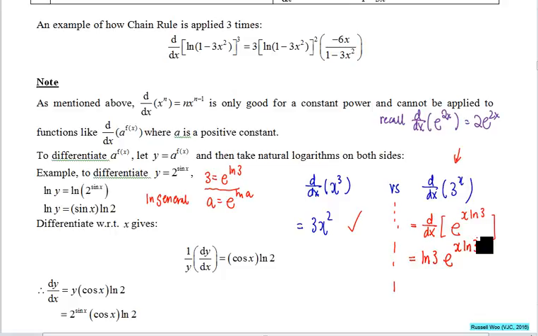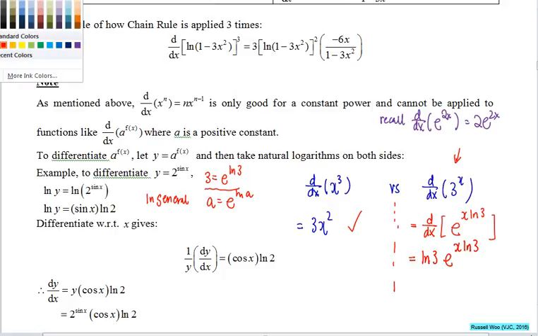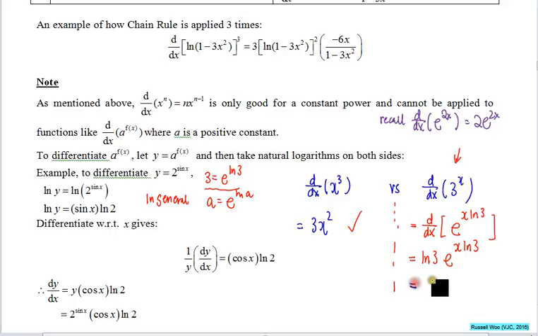You change this to this. Then finally you get an answer. 3^x, and these are the same, right? 3^x times ln 3. So you have an extra factor ln 3.